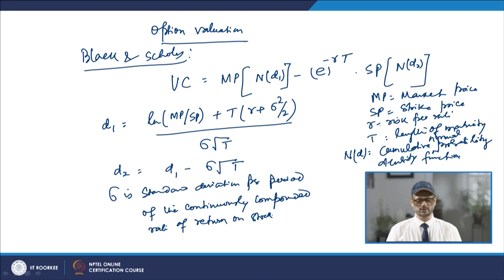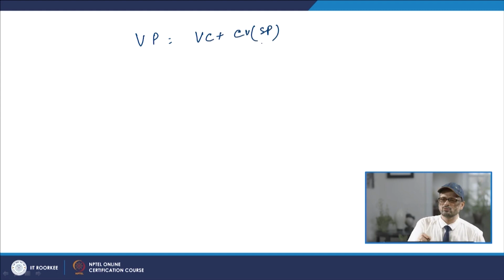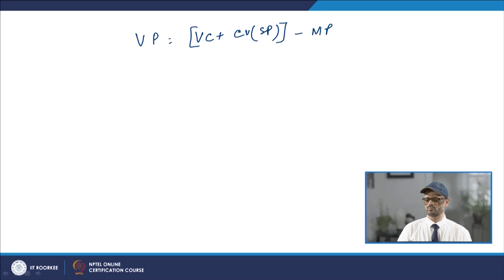If you go for the put option and find the Vp, Vp will be Vc plus the current value of the strike price, minus Mp. That is your Vp.